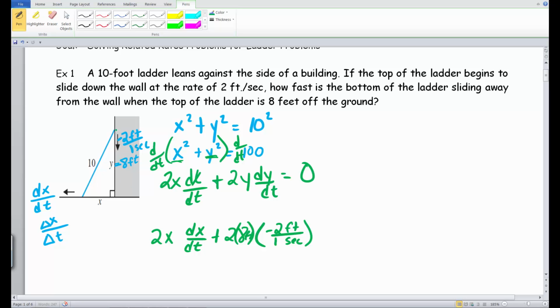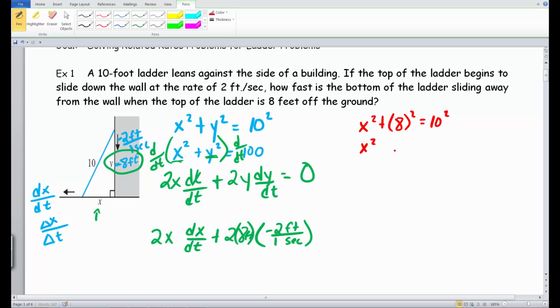Well, if we think about this triangle, we have our hypotenuse. We also have a leg at the exact moment that we're looking for, 8 feet. Well, all you have to really use is the Pythagorean theorem to figure out what that other leg is. In this case, we end up with x squared plus 8 squared equals 10 squared.